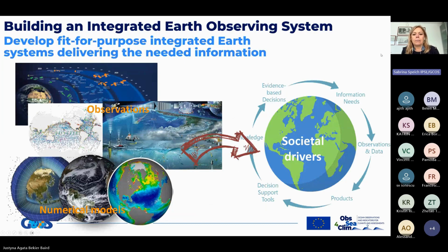Earth systems are tightly interconnected, as you know. The atmosphere, ocean, land, cryosphere, and biosphere interact on scales from local to global. To understand that today and predict their behavior, fragmented or isolated observations are no longer enough.